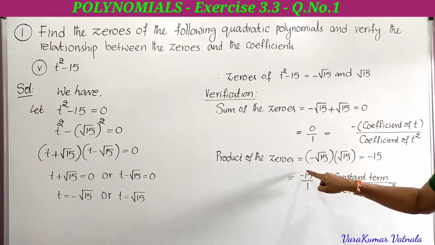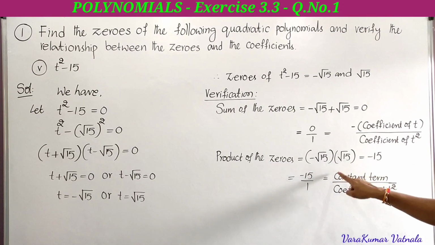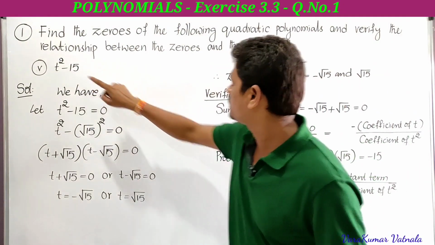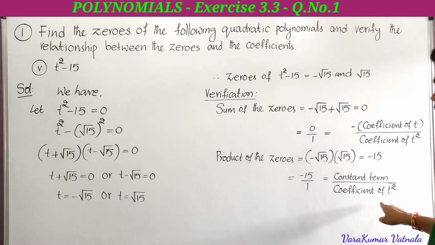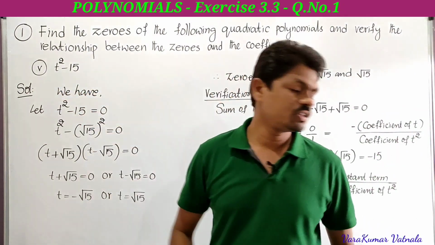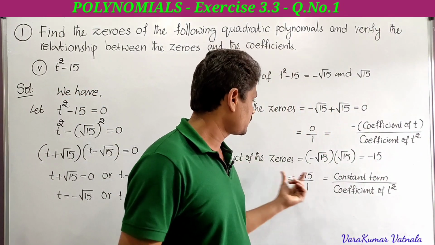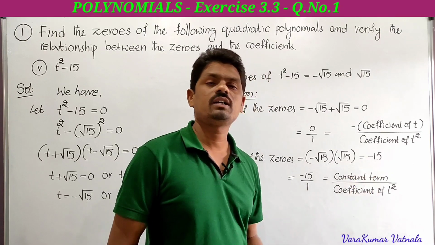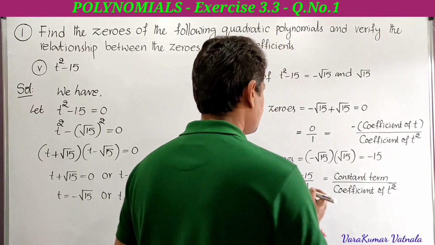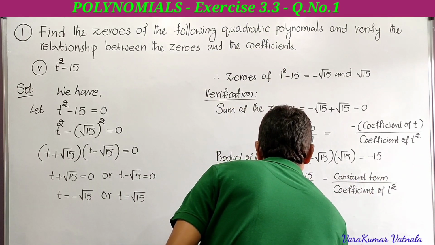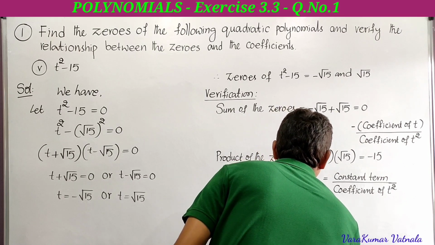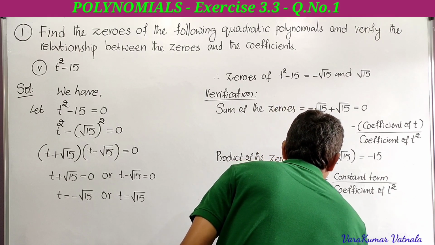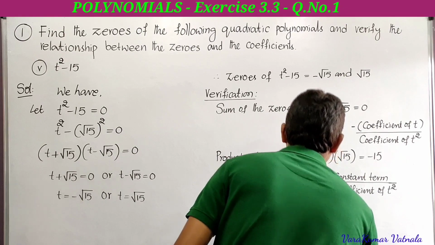So we have to verify the relation. This minus 15 is the constant term. Constant term divided by 1, which is the coefficient of t square. The coefficient of t square is 1. Therefore the product of the zeros is equal to constant term divided by coefficient of t square. Therefore verified. So this is the fifth bit in the first problem.